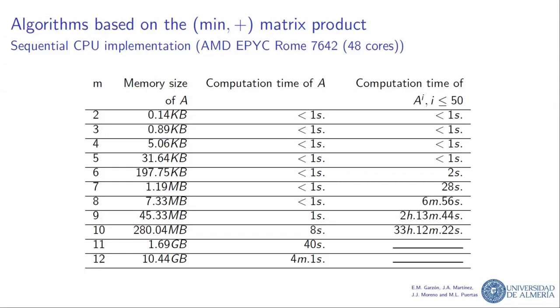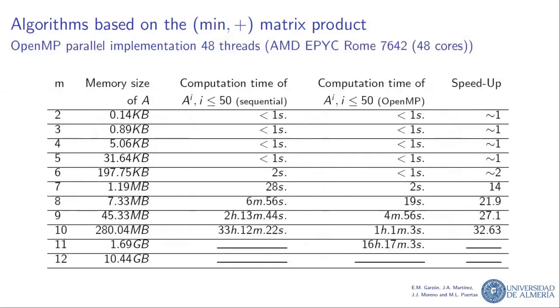So this is why we thought it would be a good idea to try a different approach. So we tried the OpenMP parallel implementation with 48 threads, and here you can see the comparison between both implementations, the sequential and the OpenMP parallel. You can see the speedup is not a big deal for small cases.